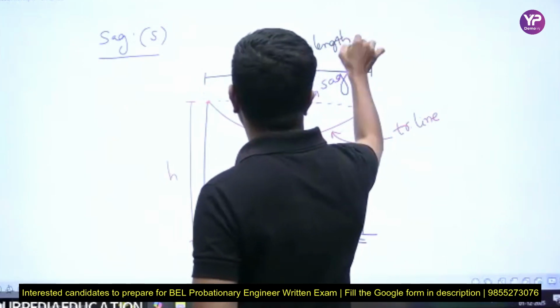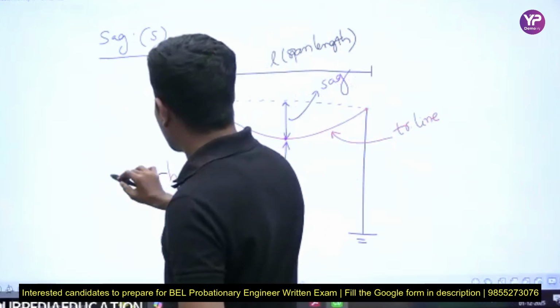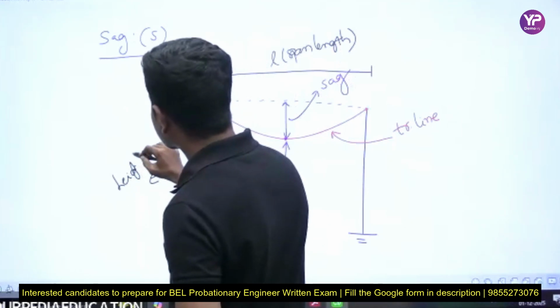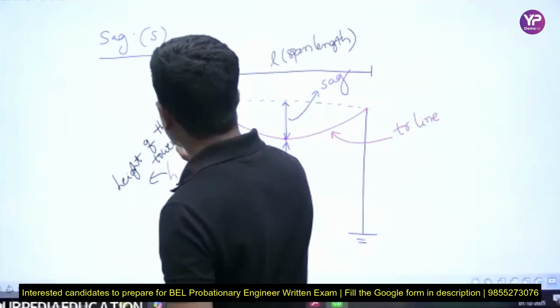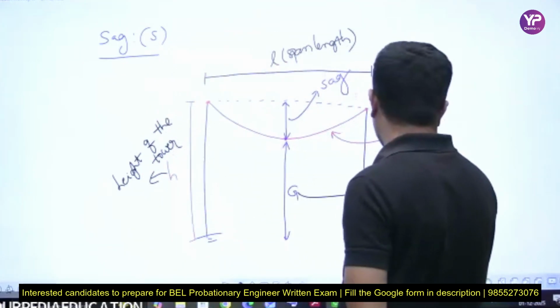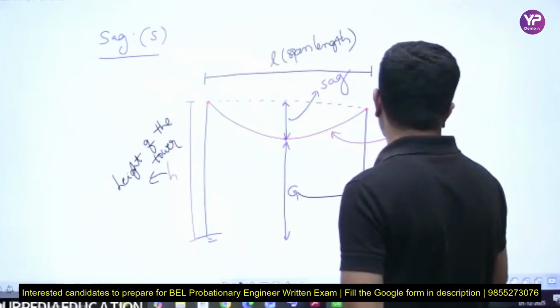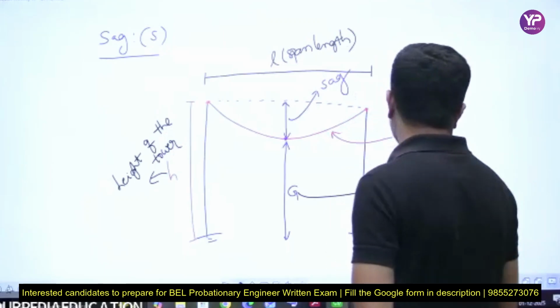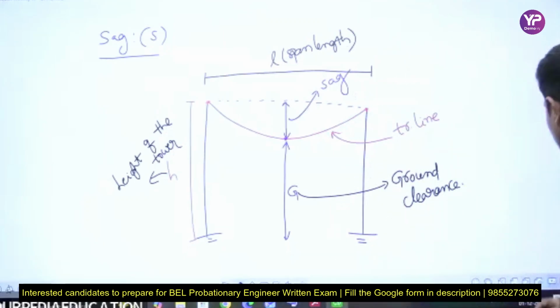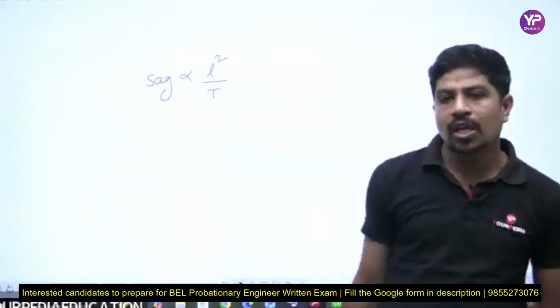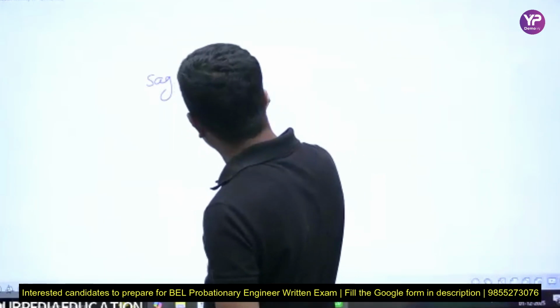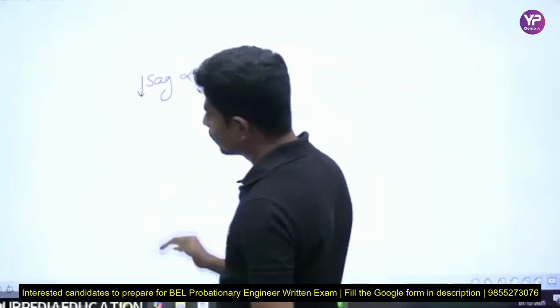This is the span length L, the distance between two consecutive towers. This is the height of the tower, and this is called the ground clearance. Now, sag is directly proportional to L squared by T. The more the mechanical strength, the less the sag.